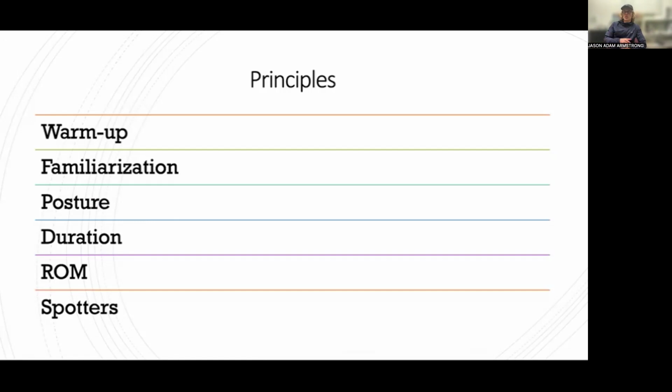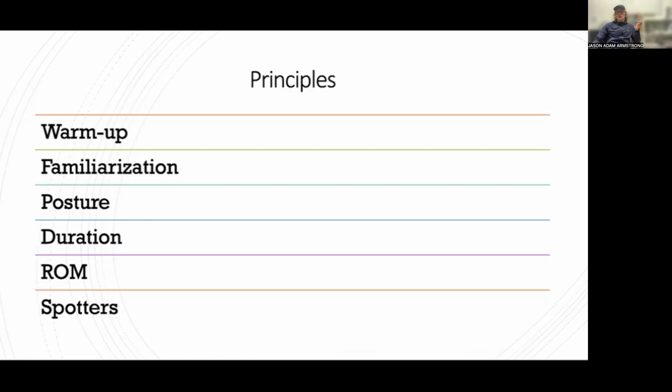So the posture needs to be the same. The duration of the movement should be about the same. For typical testing, we're looking at about 1 second concentric, 1 second eccentric. My concentric is that up phase. So 1 second up, 1 second down for the bench press. Range of motion is really similar to posture, so I'm not going to go over that.